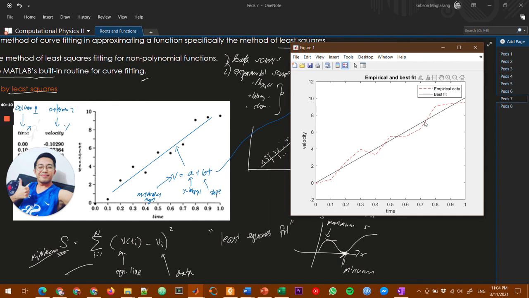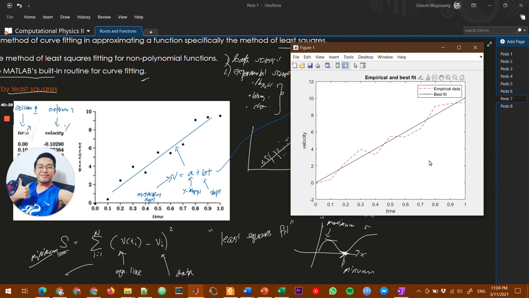So in this way, kuha na din ka og kanang forecast, right? Using this equation, makuha nimo ang possible nga value sa velocity with time greater than 1. Let's say at time t equals 5 seconds, usa kayang velocity and so on.